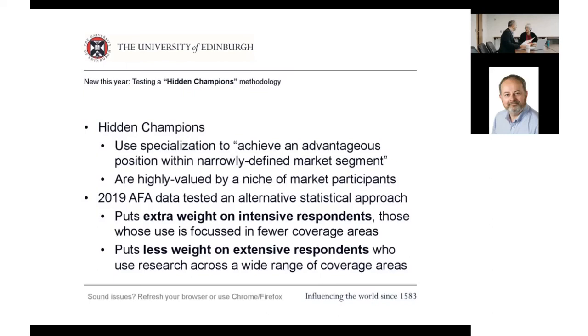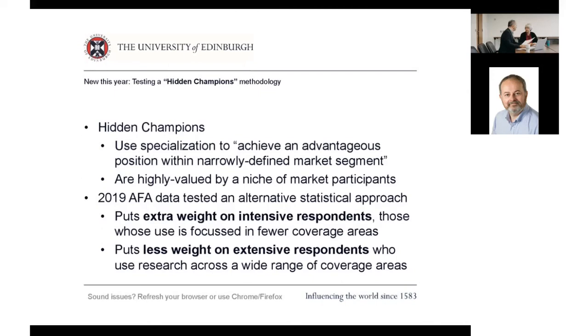And so what we're doing this year is putting alongside the traditional method an alternative statistical method, which we're calling hidden champions. That approach puts more weight on the intensive respondents, people who are using analyst research a lot, but in a small number of areas.